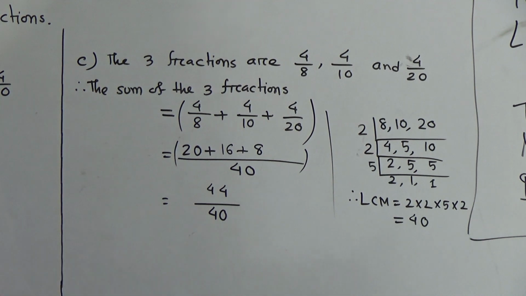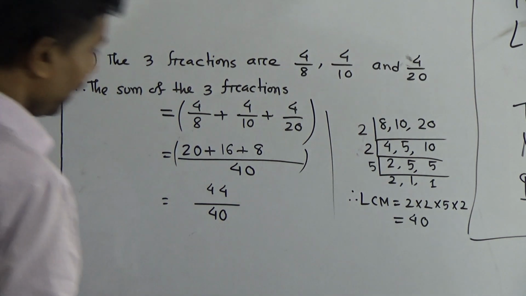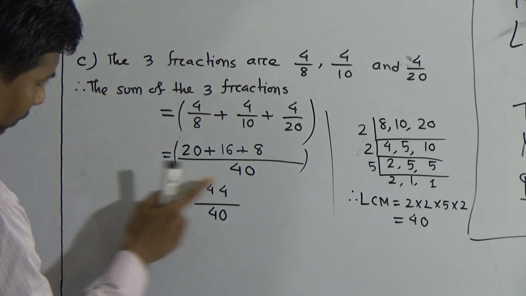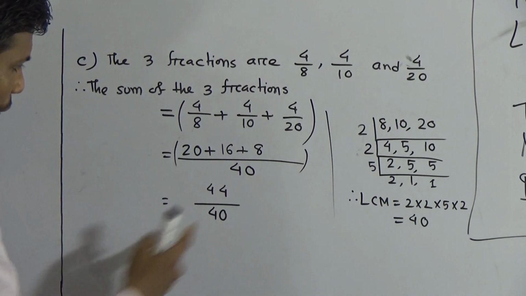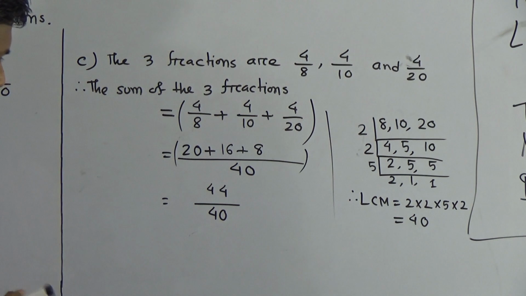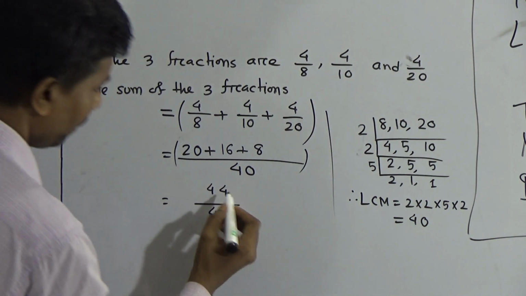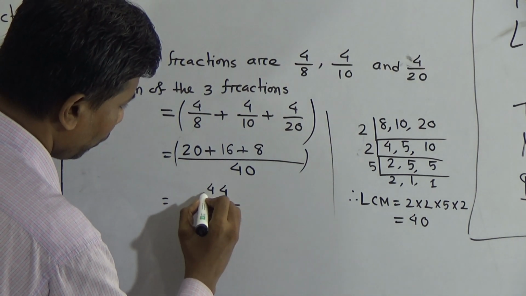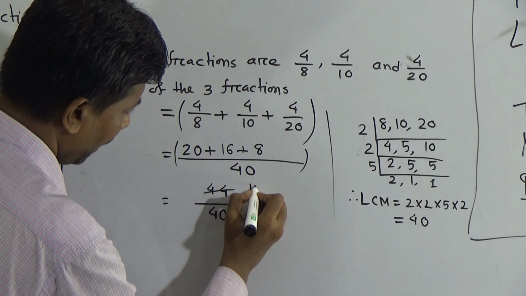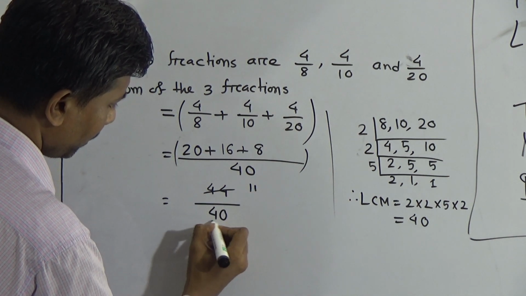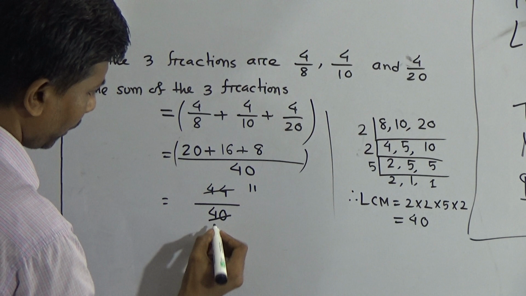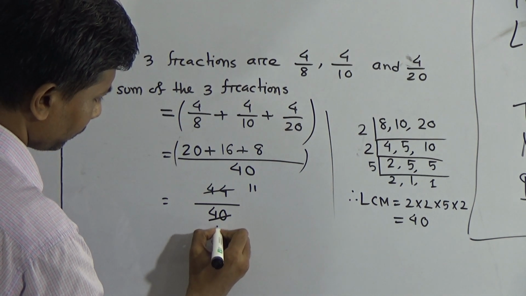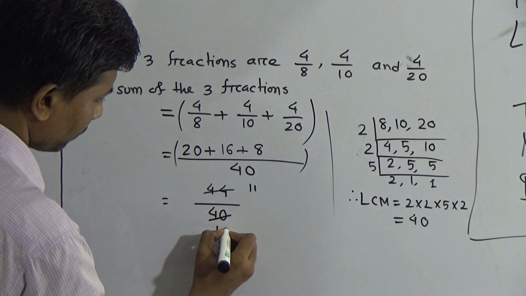Now see, this is also divisible by 4. Okay? If you divide 40 by 4, then you get what? Divide 44 by 4, then you get 11, and divide 40 by 4, then we get 10.